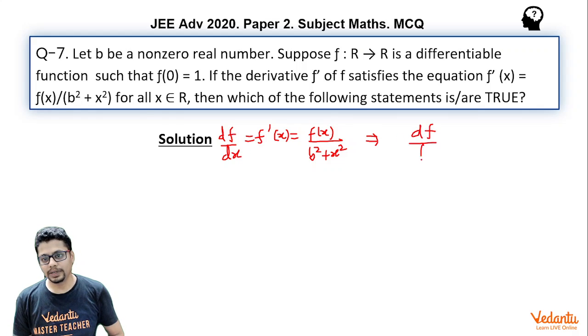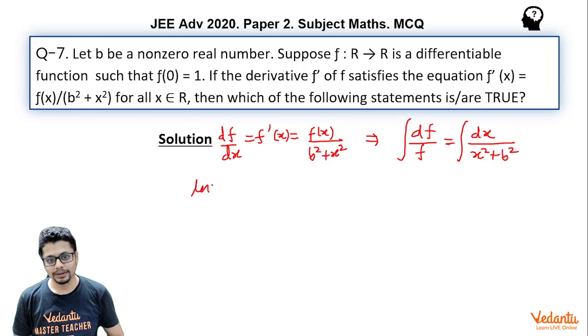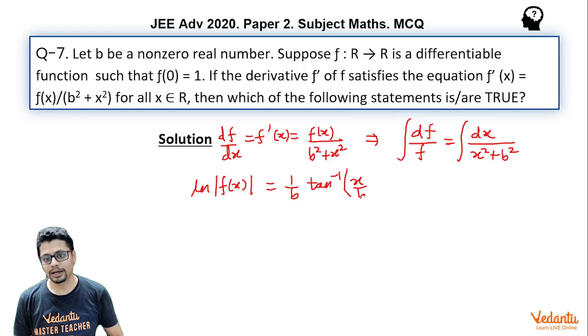So upon cross multiplication, and now upon integrating both sides, I would get ln of mod f of x is equal to 1 by b tan inverse x by b plus an arbitrary constant. Now since f of 0 is 1, as you put x to be 0, f of 0 becomes 1, ln 1 is 0 and tan inverse 0 is also 0. So that essentially means this arbitrary constant is 0.